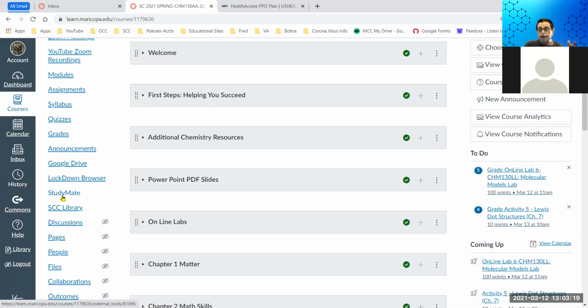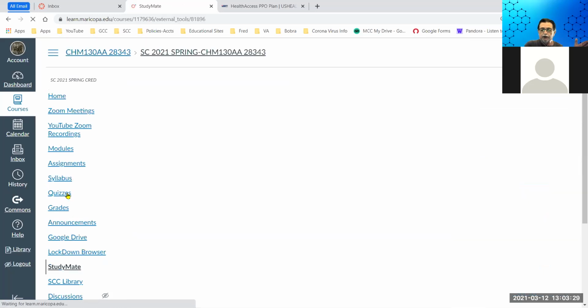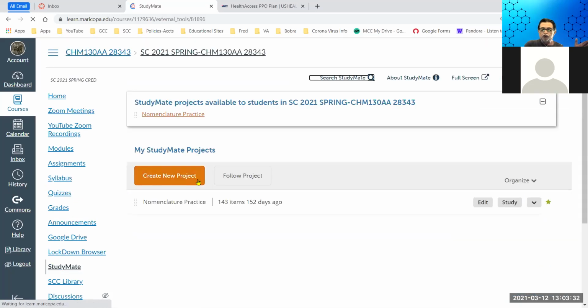I'm showing that on the screen right now, on the far left side, the second column of links. Click the study mate. You should have a nomenclature practice. 143 compounds have been uploaded with the name and the formula.